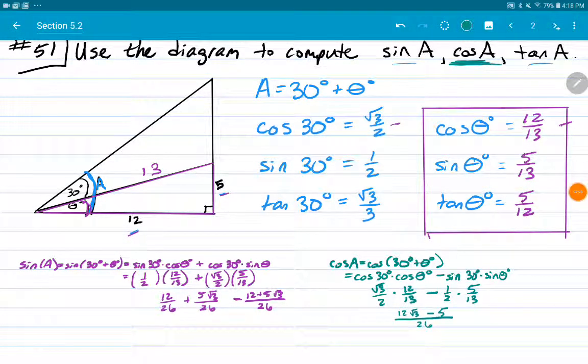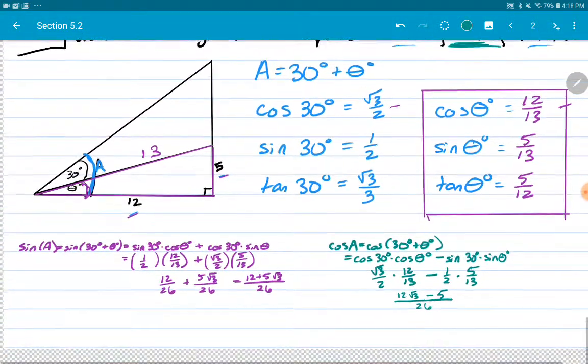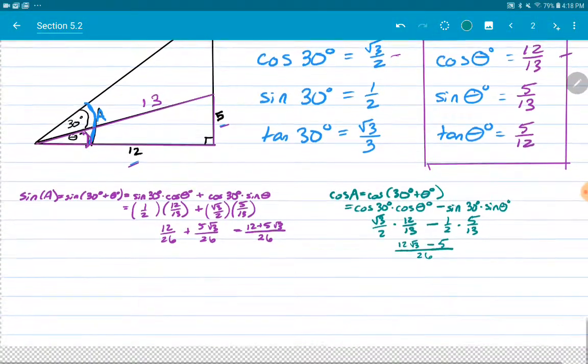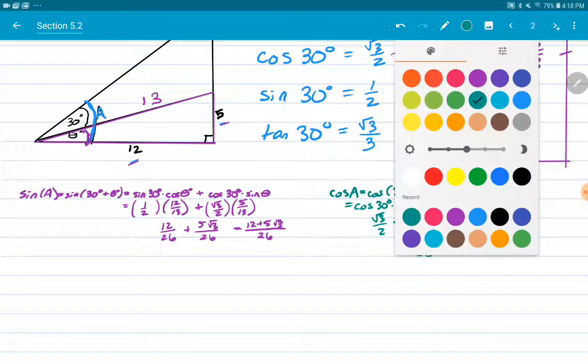Okay, so cosine and sine are done. I'm shrinking that one up now so I can do tangent of A for part C. And I can actually scroll down since I don't need cosine and sine. So let's do that in a new color. How about this blue?